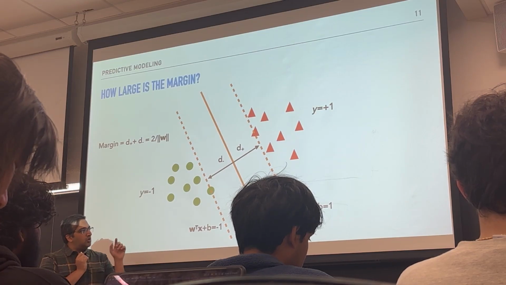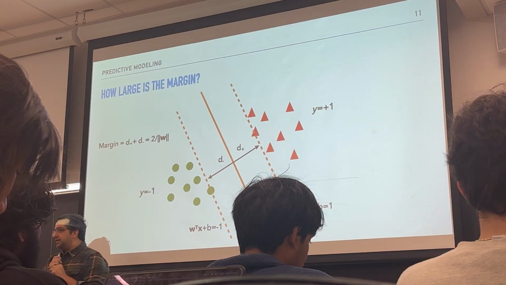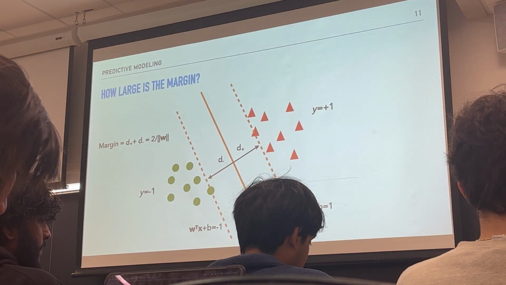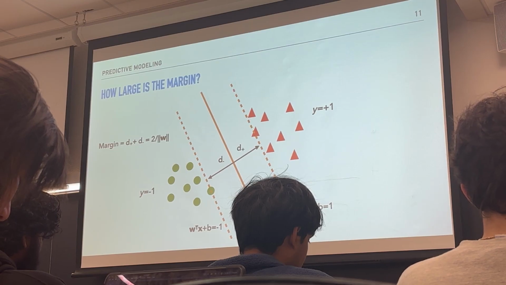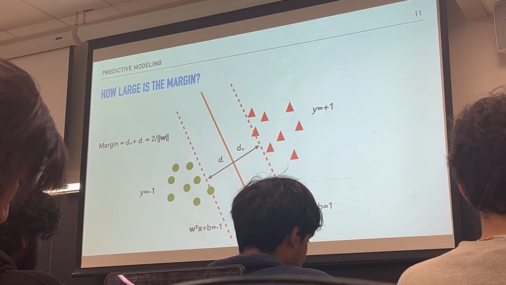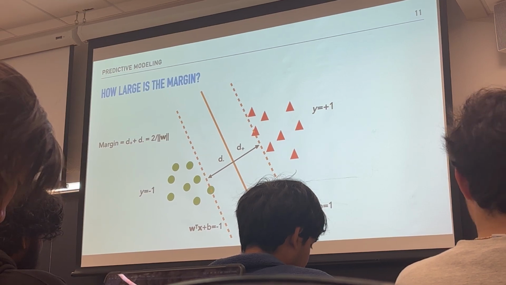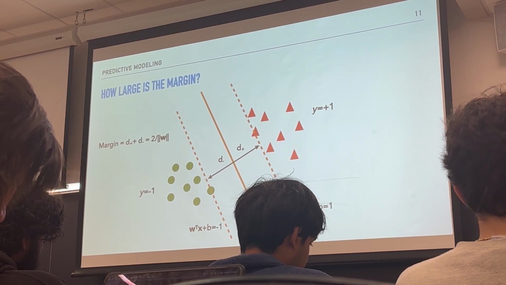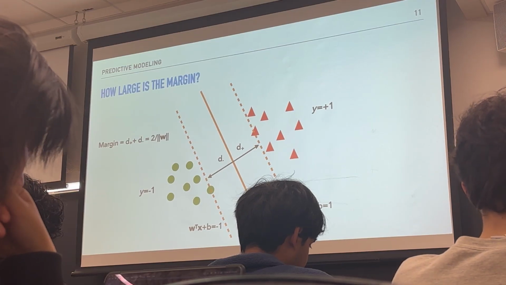So you're saying you have to go in that direction. Let's say you live here. This is some point x1. Then W transpose x1 plus b is equal to -1. And like you said, let's go in this direction. How much do we go?